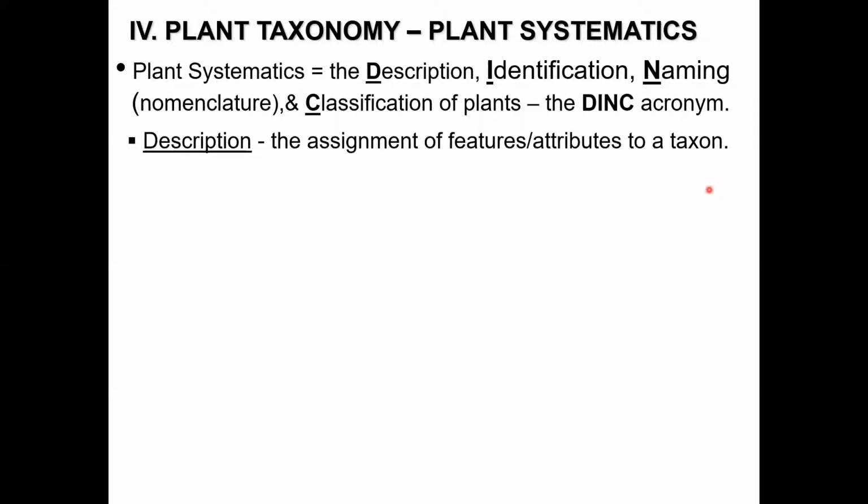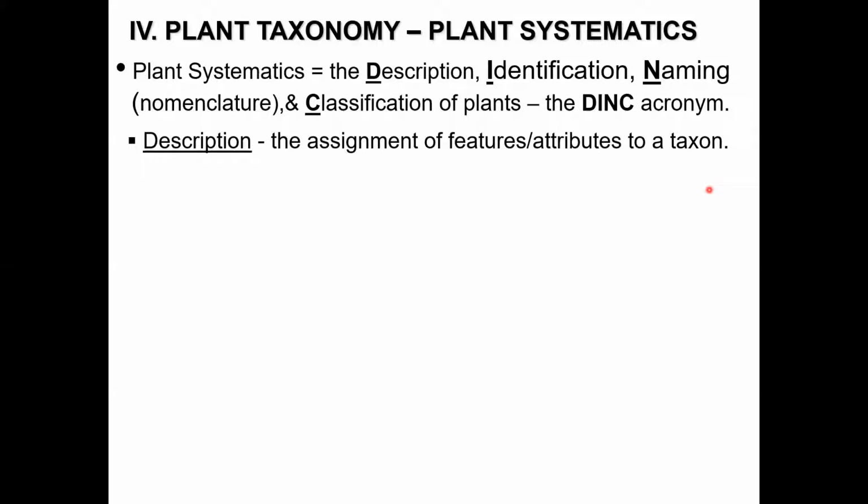And characters can be qualitative like color, or they can be quantitative like 5 stamens, 10 stamens, that's quantitative. That would be a part above in the description. And so both qualitative and quantitative characters are normally part of a description.